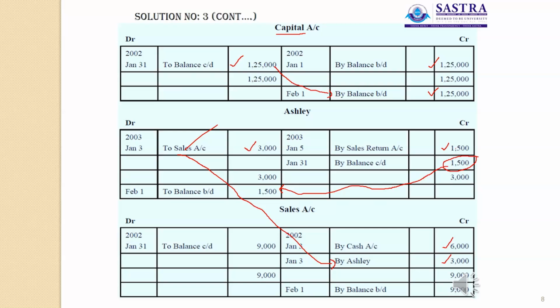Is it clear? Okay. Then what is the total of these transactions? 6,000 plus 3,000, 9,000. So to balance carried down 9,000. This amount is brought forward to the next month, February 1st, 9,000. So 9,000 is the opening balance of sales in the month of February.